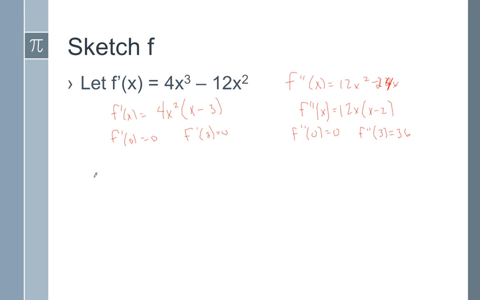Which means at x equals 0, there's all sorts of stuff we can figure out here, actually. At x equals 0, it's neither a minimum or a maximum. But at x equals 3, because my second derivative is positive, it's concave up.